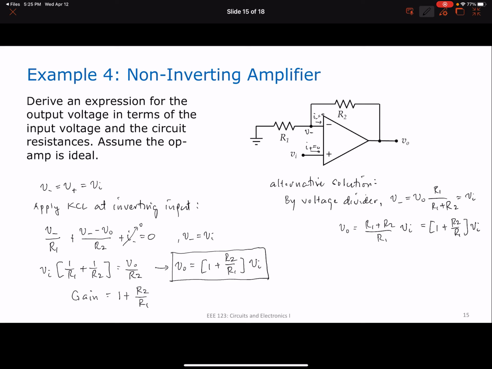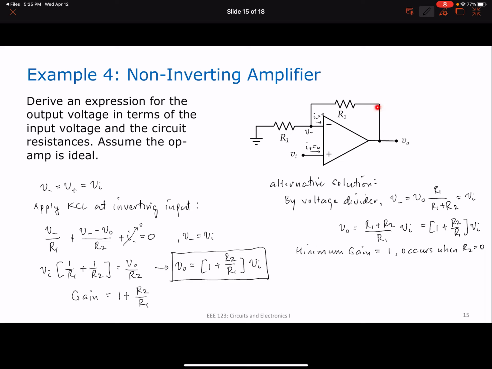Just some things that you can observe. First of all, the minimum gain is equal to 1. We cannot have a gain that is smaller than 1. This occurs when R2 is equal to 0.